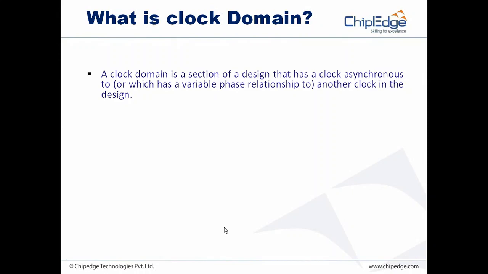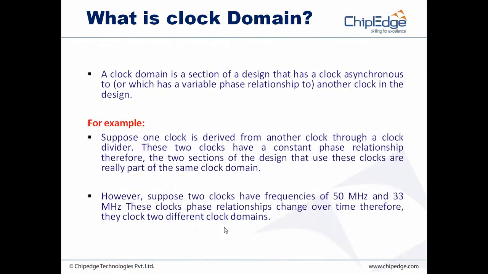There are different cases to tell which is asynchronous and which is synchronous. For example, suppose one clock is derived from another clock through a clock divider. These two clocks have a constant phase relationship. Therefore, the two sections of the design that use these clocks are really part of the same clock domain, which means synchronous.